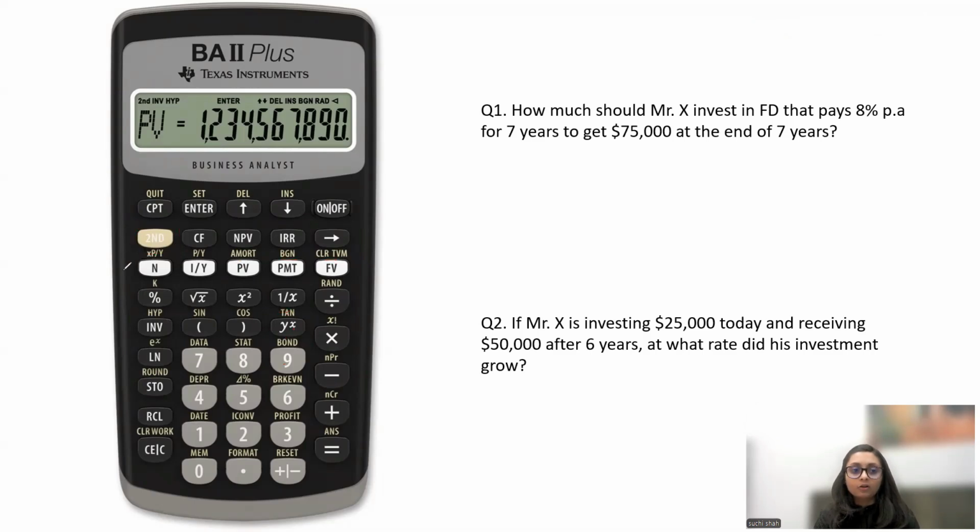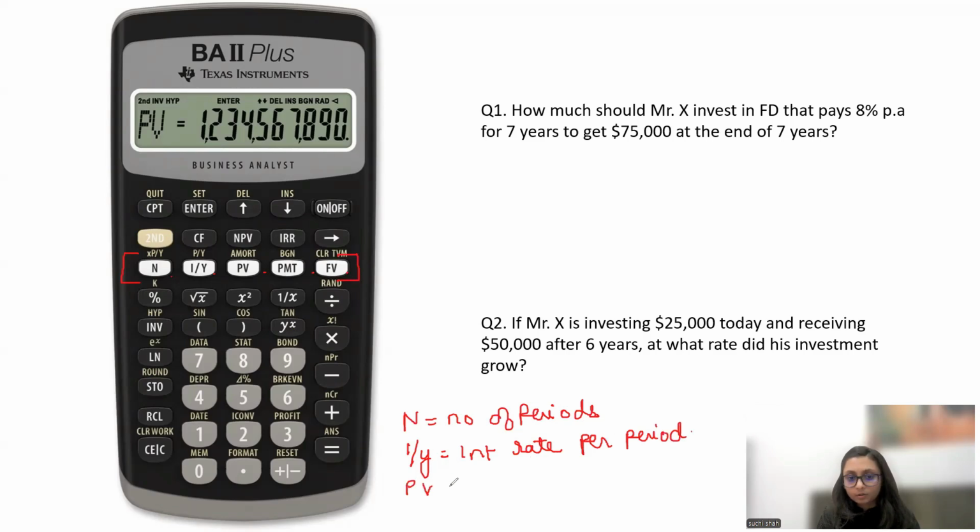Now, time value of money के लिए we will be using these keys. Okay, these are the time value of money functions where we have n equals to number of periods. Yes, I/Y is nothing but interest rate per period. PV is the present value and FV is the future value.